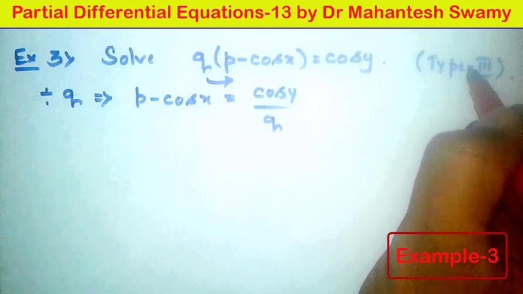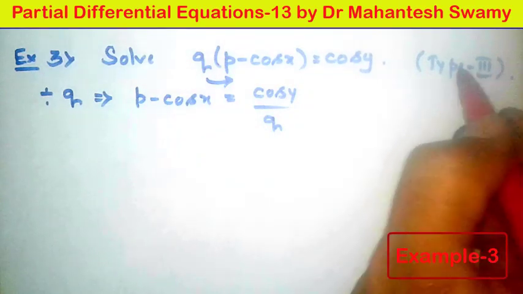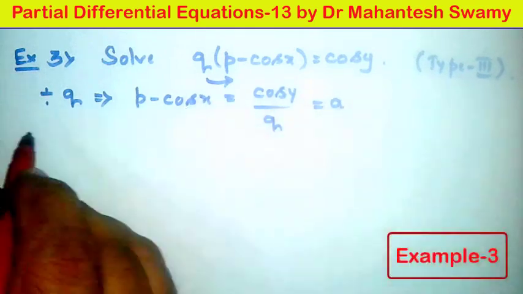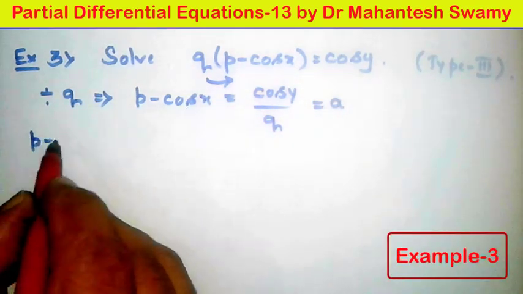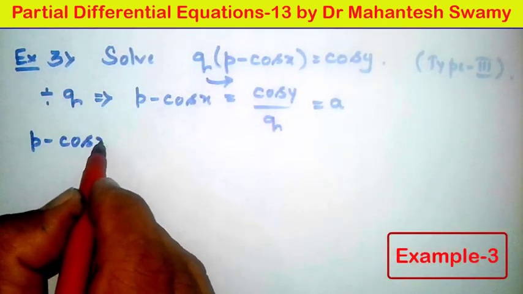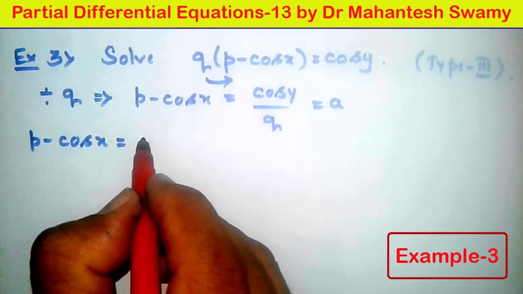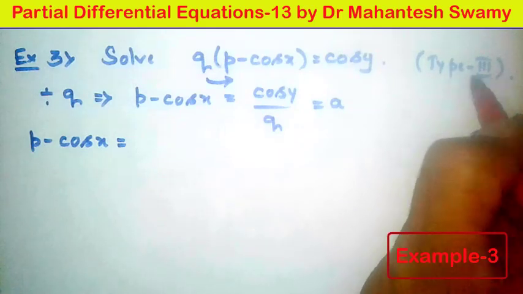So now it is in the standard form, that is type number 3, and each side is equated to a. So we have to take p minus cos x as per the procedure of solving nonlinear first order partial differential equations of type 3.